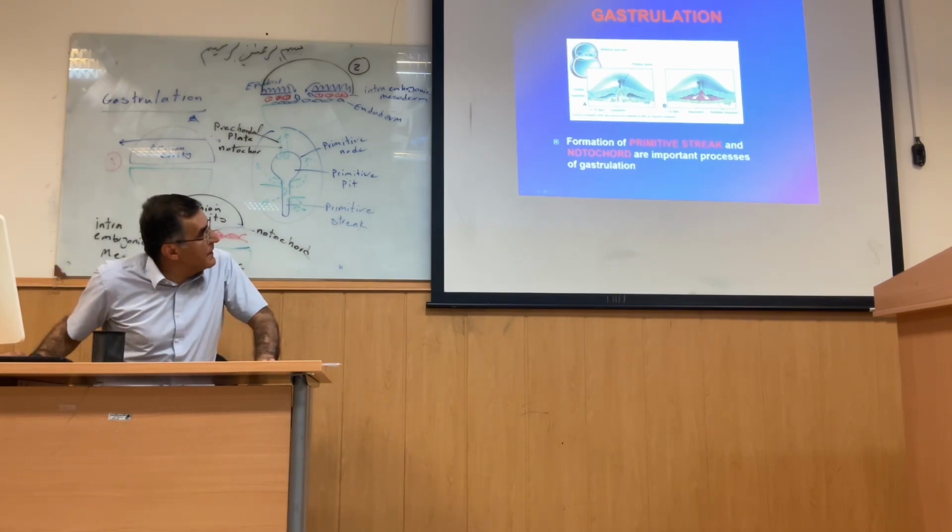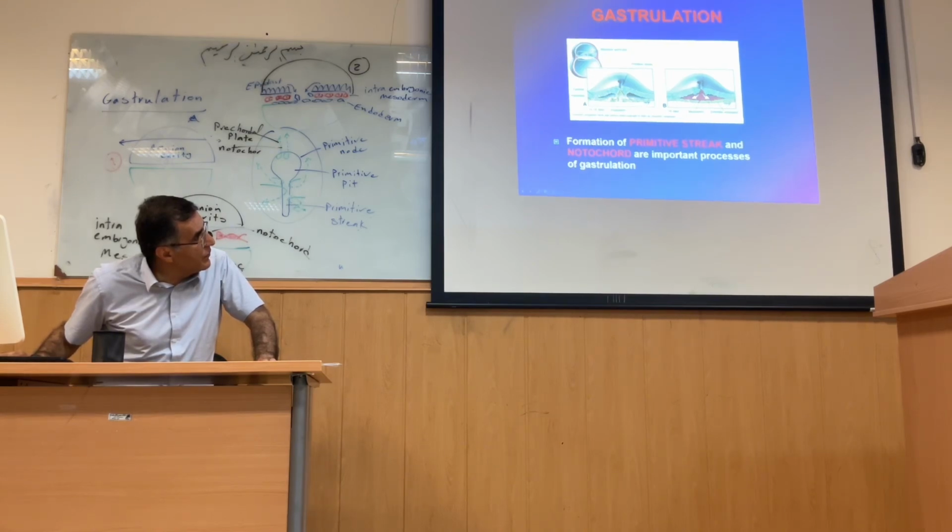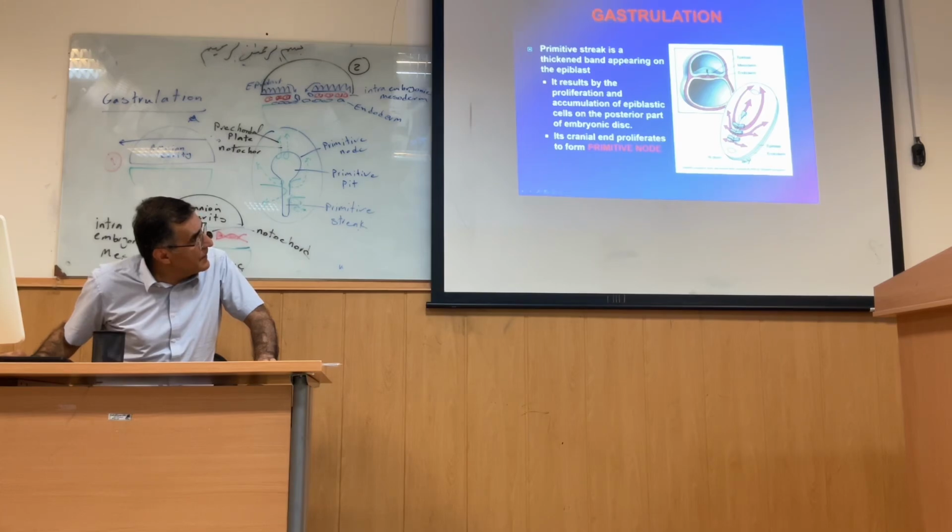Look at the primitive node, please. The cells migrated from this cavity, the pit, go straight forward, and make the notochord. The picture shows the pathway of the migrations. Those that migrated straight forward only, these cells make the notochord. Only these cells. Is it clear?